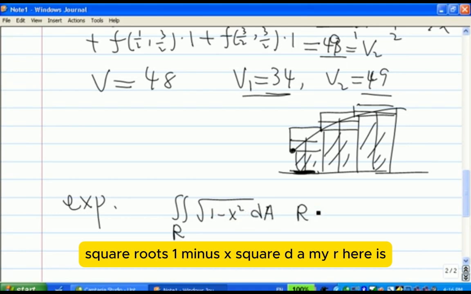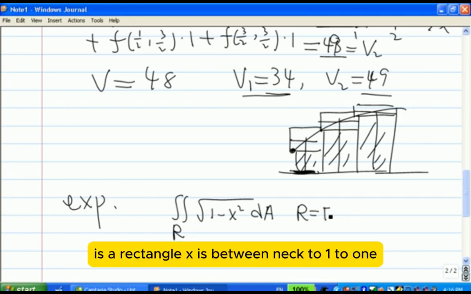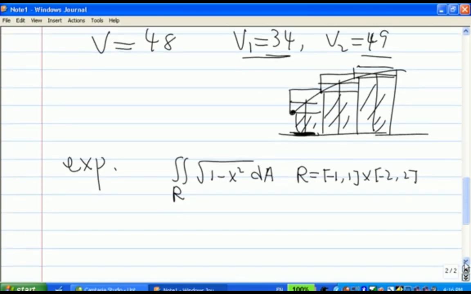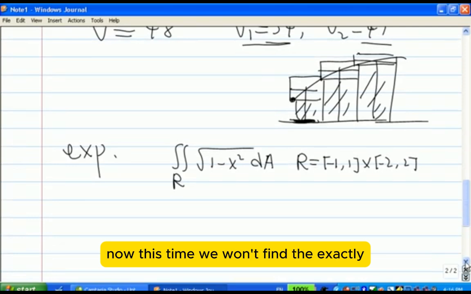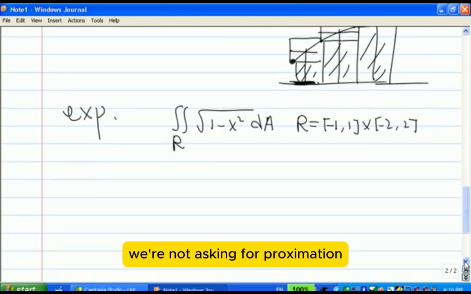My R here is a rectangle. X is between -1 and 1. Y is between -2 and 2. Now, this time we want to find exactly this double integral. We're not asking for an approximation.